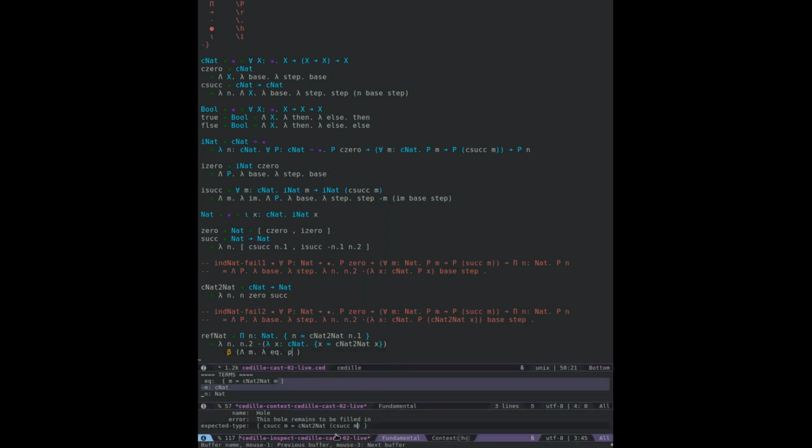What I want to do is to be able to normalize these two expressions, because both of these are actually redexes. Normalize and then perform rewriting. So to that end, Cedille provides an augmented form of rho called rho plus that performs beta reduction while it's looking for matches to rewrite the equation by. So I'll say rewrite by equality and then see what I get.